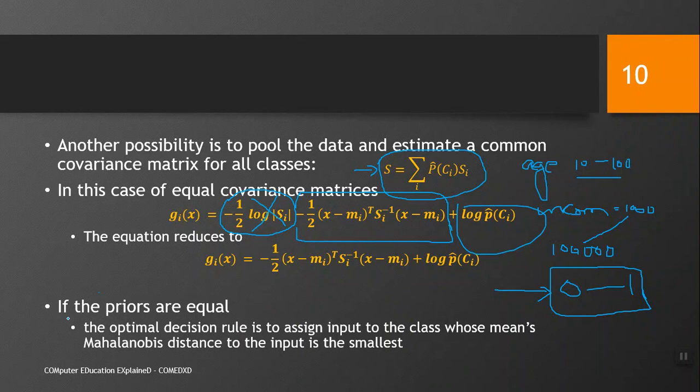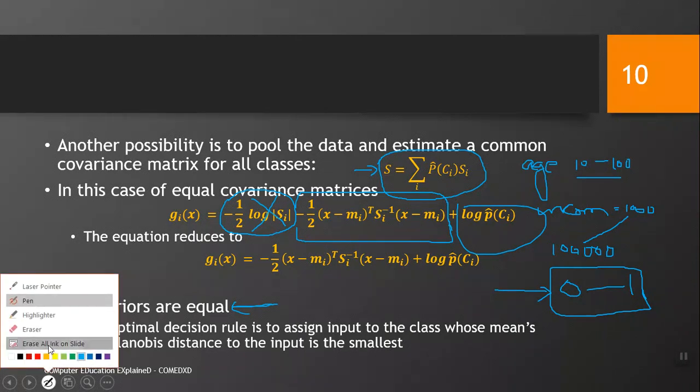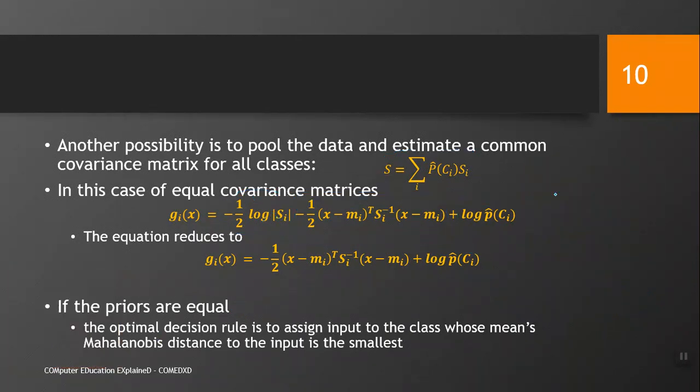And even if the priors are equal, what does it mean? It means that the probability of all classes is equal. The number of instances of all classes is equal. For example, say we have 3 types of cars. So car type 1 has, let's say, 50 instances, car type 2 has 50 instances, car type 3 has 50 instances.